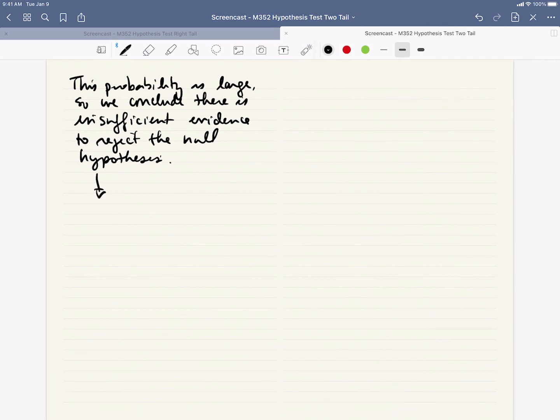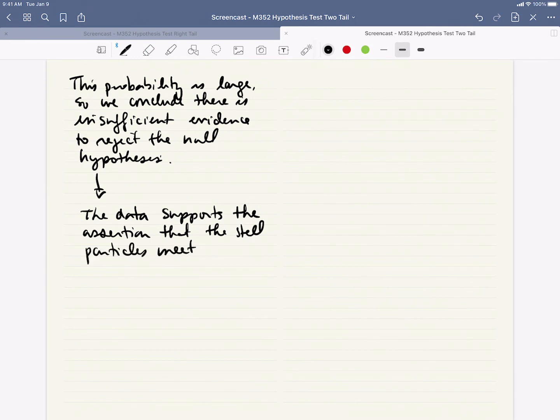In normal people speak, we'd say the data supports the assertion that the steel particles meet manufacturer specifications of mu equals 15 micrometers.